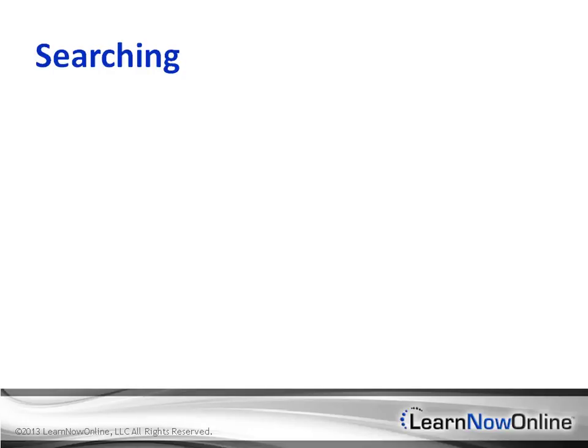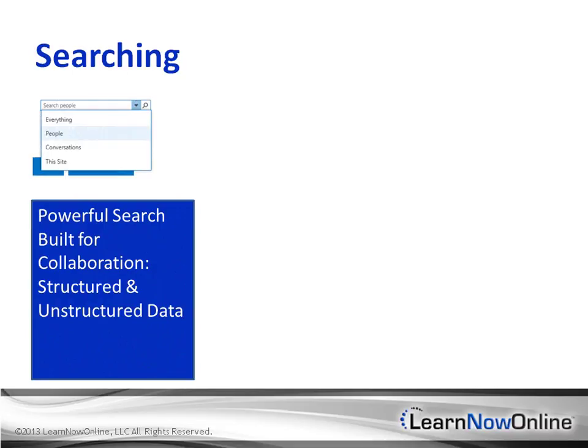SharePoint Search continues to be a powerful search engine built for collaboration. Now, in SharePoint 2013, Microsoft has incorporated the FAST server engine to be able to more easily search across structured and unstructured data.